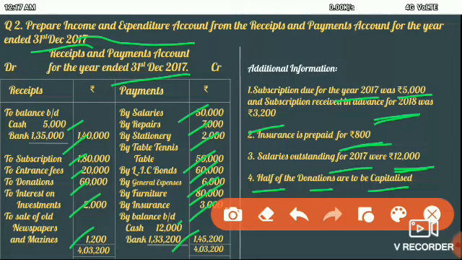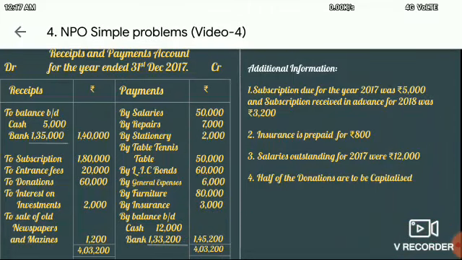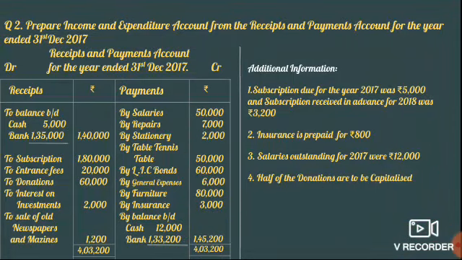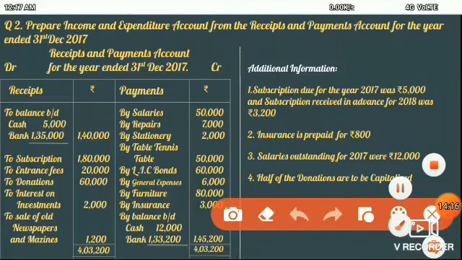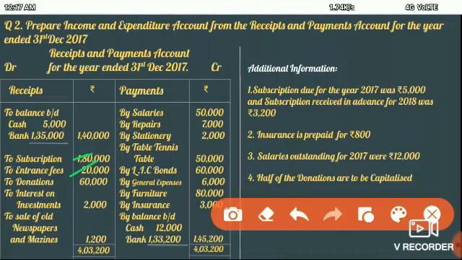So let me separate the items first from the account, which will be revenue nature items. When we make the income and expenditure account, these are the items that we are going to take. Starting from the receipt side, cash and bank will not come. We are going to take subscription. We are going to take entrance fees, which can be taken if no information is given regarding it. Donation also can be taken, but then we have to take it according to the information.